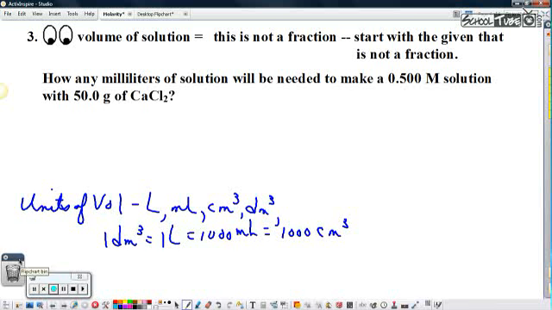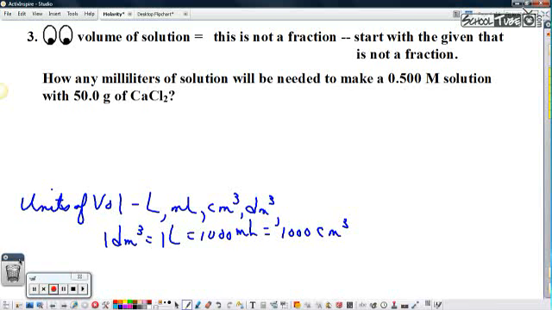So it takes 1,000 centimeters cubed to make 1 decimeter cubed, and 1,000 milliliters to make 1 liter. So here, instead of having 1,000, it says 1 centimeter cubed is equal to 1 milliliter. But that's the same thing as saying 1,000 milliliters is equal to 1,000 centimeters cubed.